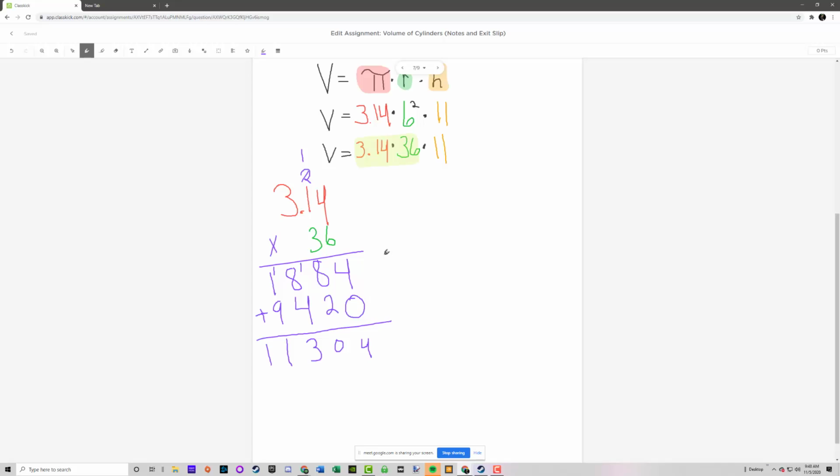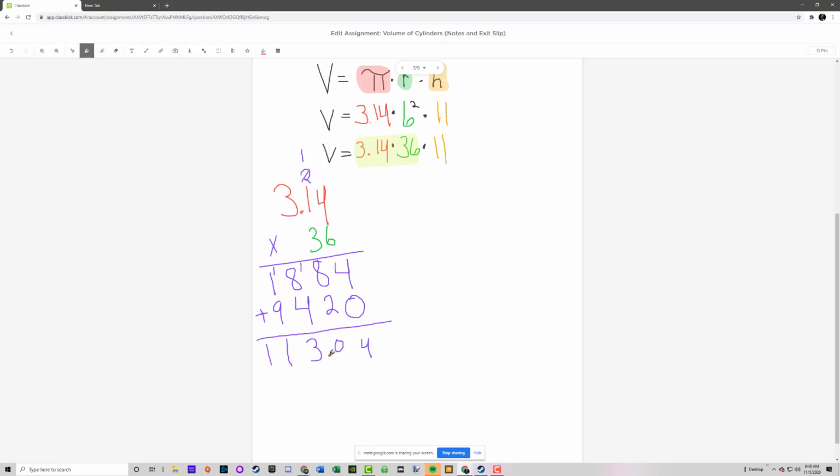And now we just need to figure out where the decimal is going to go in this answer. Where's my decimal going? What do we think? Between the 3 and the 0. Excellent. How did you know that?